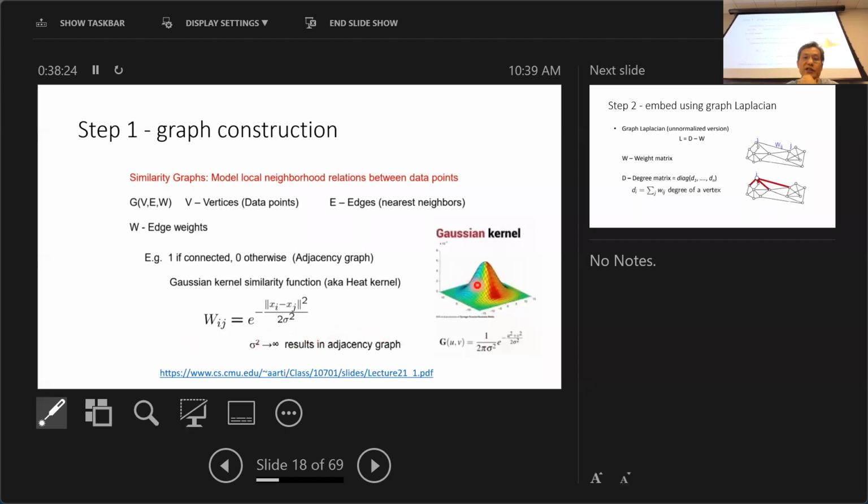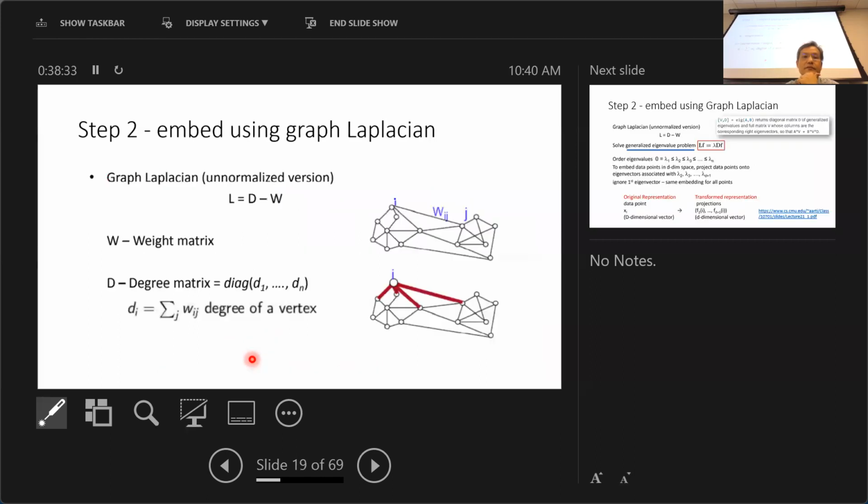You can change the shape of this by changing the sigma. So now we have a linked graph, and the graph is also weighted by this W after the transformation.